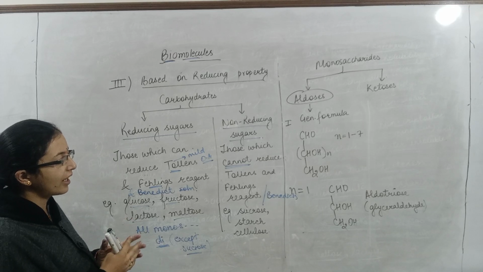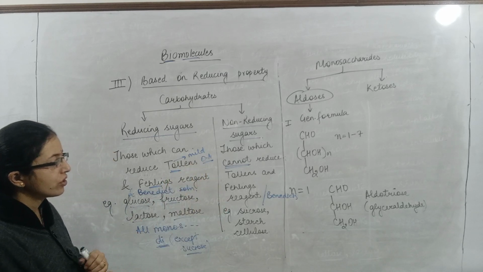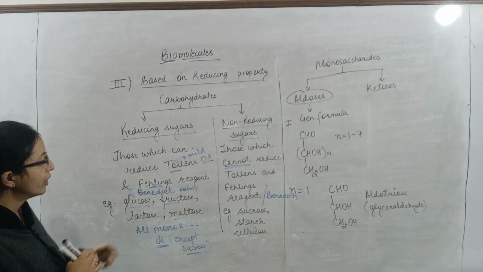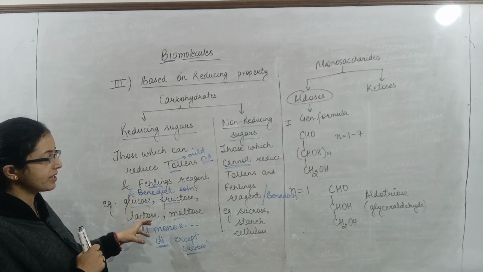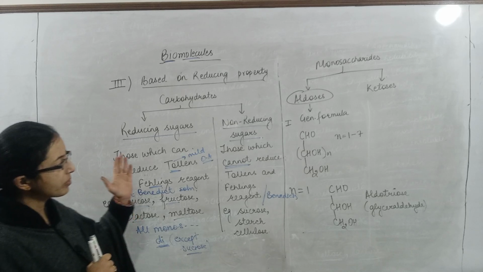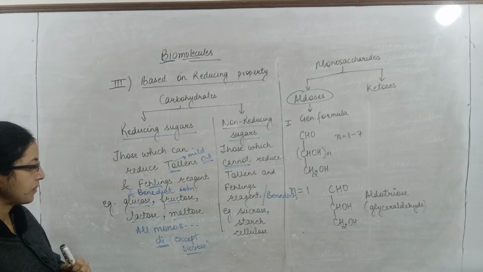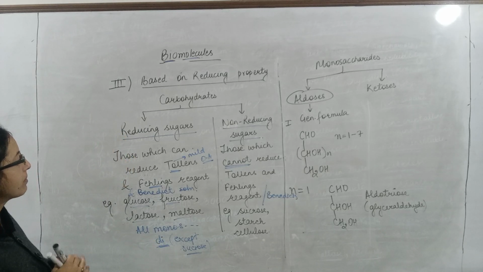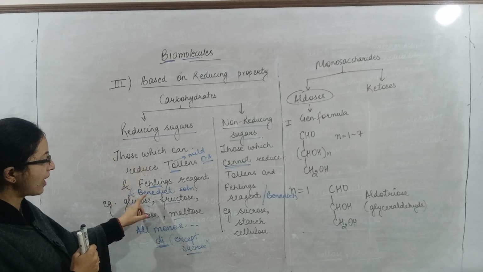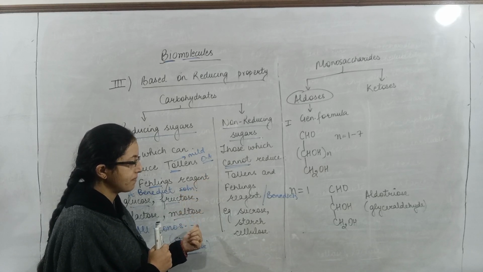So when these free aldehydic groups are not present, generally the reactions are not seen. So once you do the structures, it will become more clear. ठीक है, तो जहाँ पर free aldehydic group present होता है, generally वो reduce करते हैं और जहां पर present नहीं होता है generally they are non-reducing. So just remember, reducing sugars reduce these reagents, Tollens, Fehlings and Benedicts, and non-reducing do not reduce these reagents.